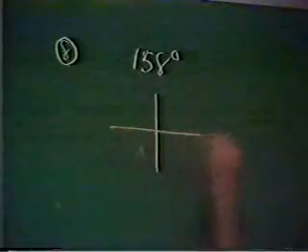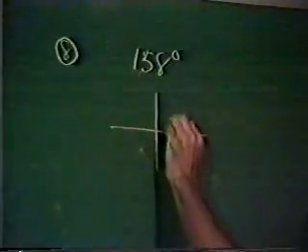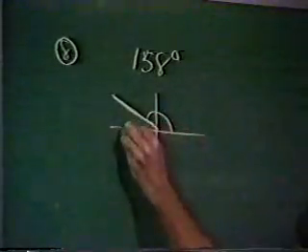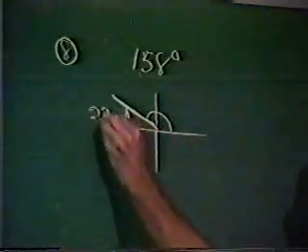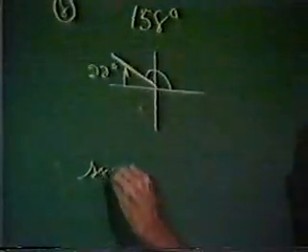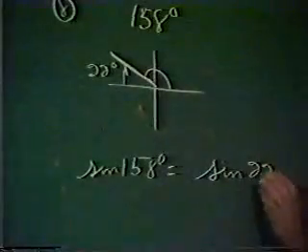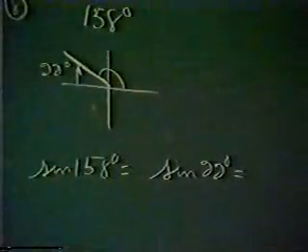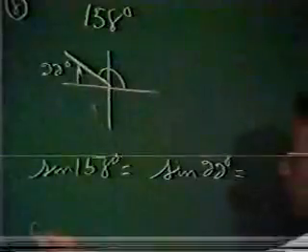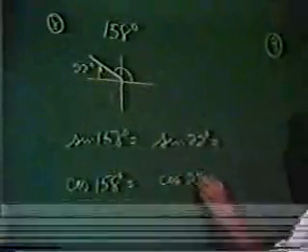All right, let's look at example 8 and example 9 right quick. Number 8, the 158 degrees. The only difference here is you're not dealing with your special angles. 158 degrees is this angle, and that makes this 22 degrees. So we find the sine of 158 degrees is the sine of 22 degrees. And then we go look that up in the table. The cosine of 158 degrees is the cosine of 22 degrees.